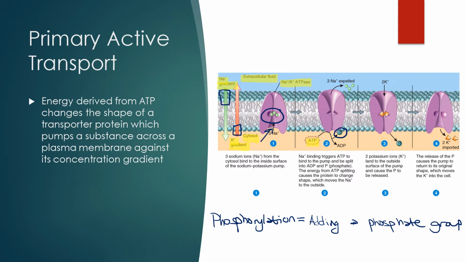So this step, the phosphorylation step, causes the protein to change its shape in a manner that essentially pumps the bound solute across the membrane. So we're going to be pumping that sodium out into the extracellular fluid. This phosphate group causes the protein to change shape, and it changes the opening from the cytosol side to the extracellular side.